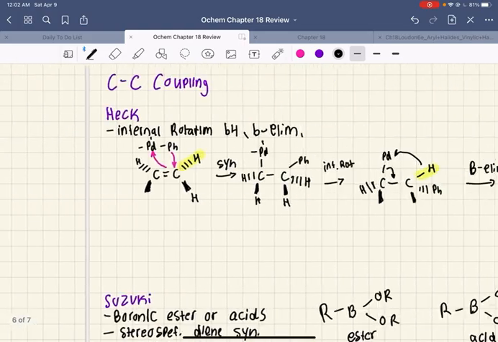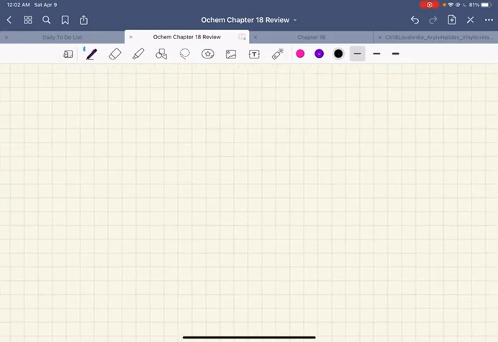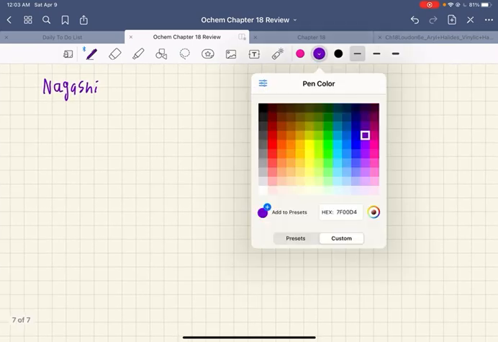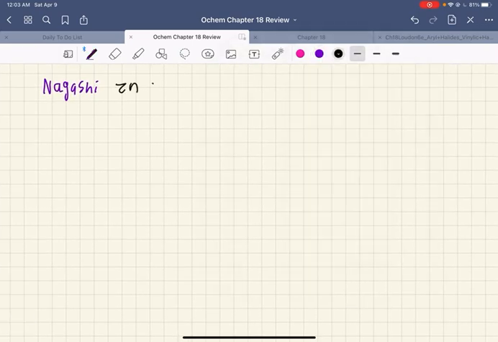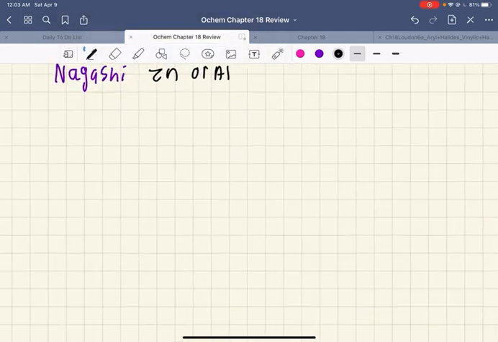To the Negishi reaction. So Negishi uses zinc or sometimes even aluminum as the catalyst. Here we can take this example.